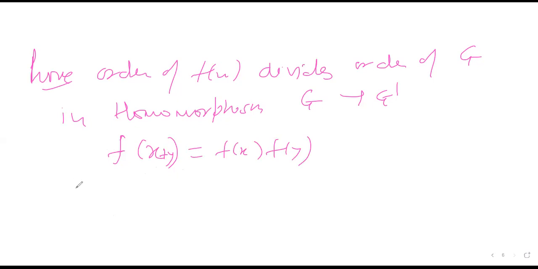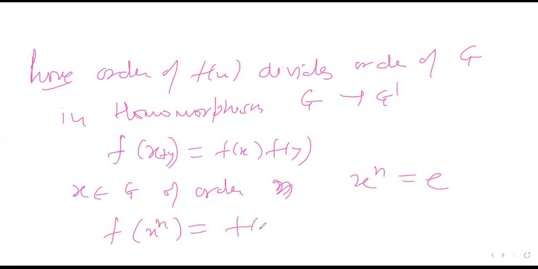Let x belong to G of order n. Then we know that x to the power n is equal to e. So F of x to the power n is equal to Fx to the power n, and this should be e dash.